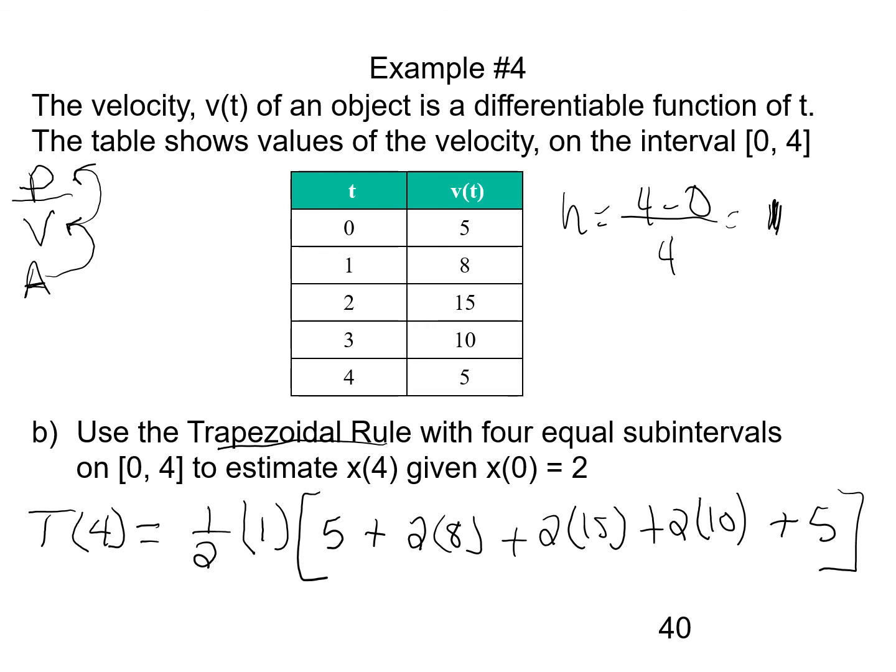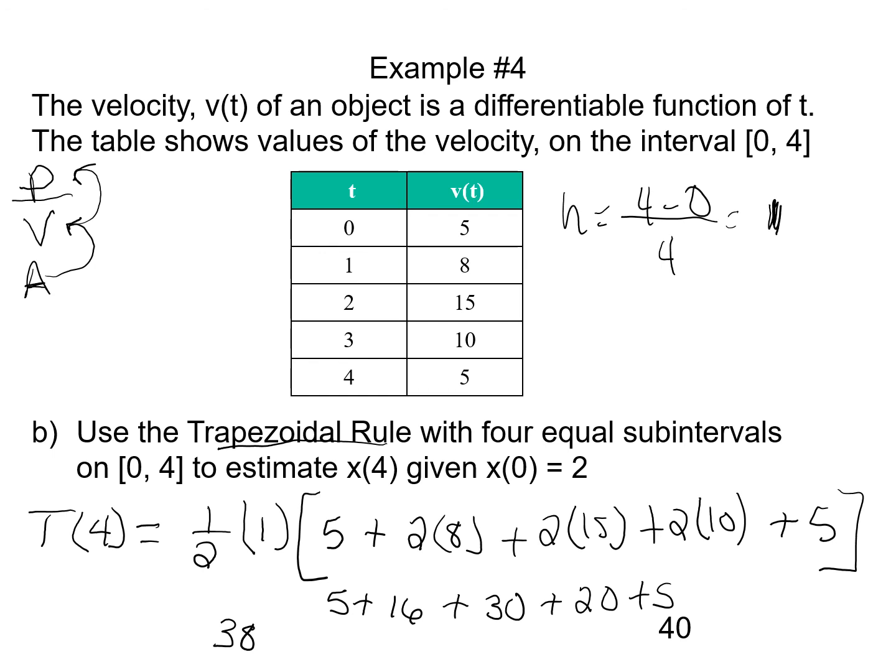And I think that's going to give me 38. What is that? 5 plus 16 plus 30 plus 20 plus 5. So what is that? That's 10, 30, 60, 46 times a half, so 38.